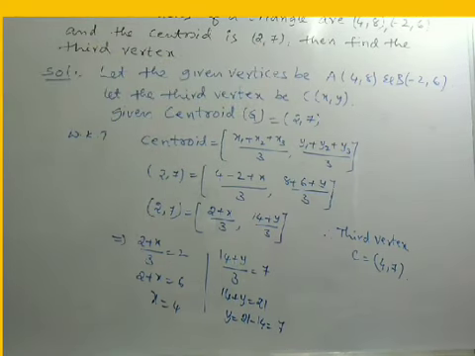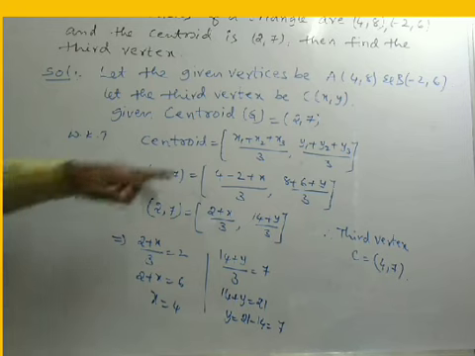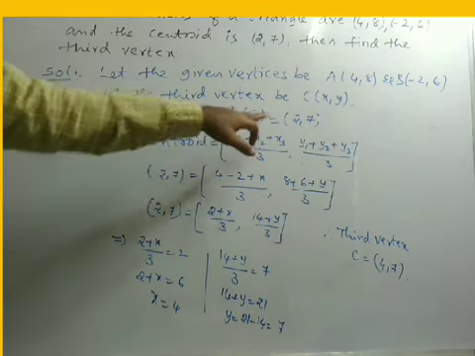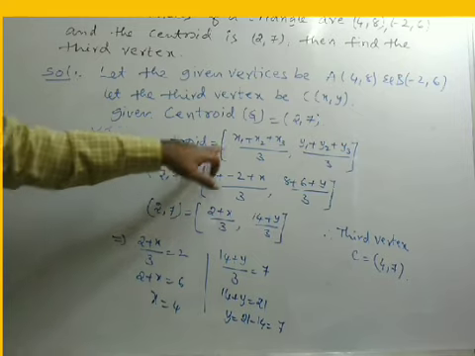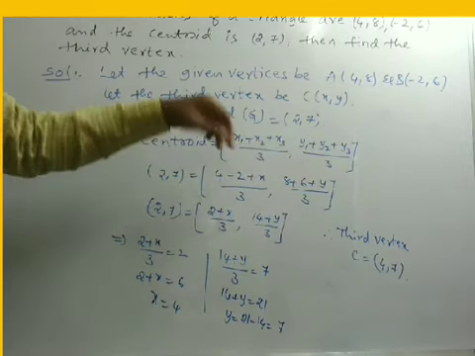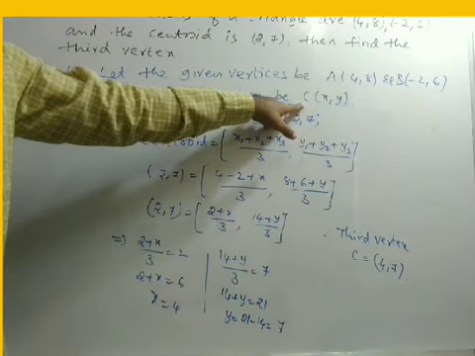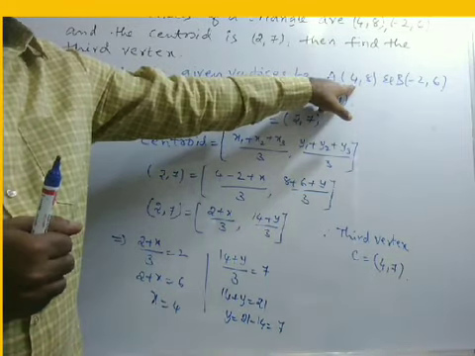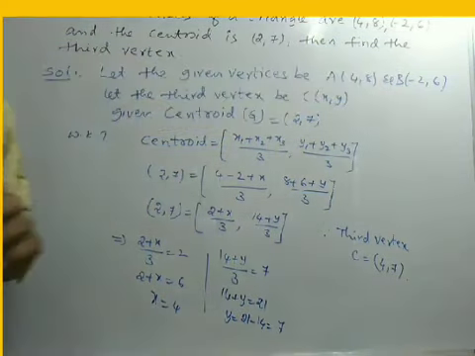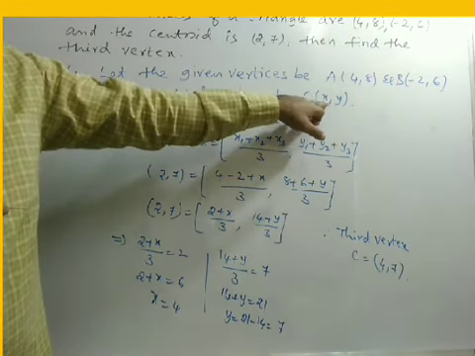We know the formula for the centroid is ((x1 + x2 + x3)/3, (y1 + y2 + y3)/3), isn't it? The centroid is already given as (2, 7), which equals (x1 + x2 + x3)/3, where these are the x coordinates of vertex A, vertex B and vertex C. So x1 is 4, x2 is -2, x3 is x.